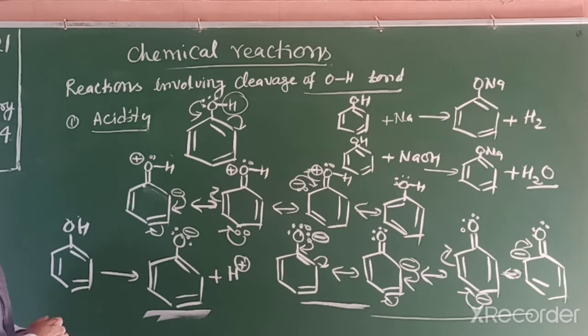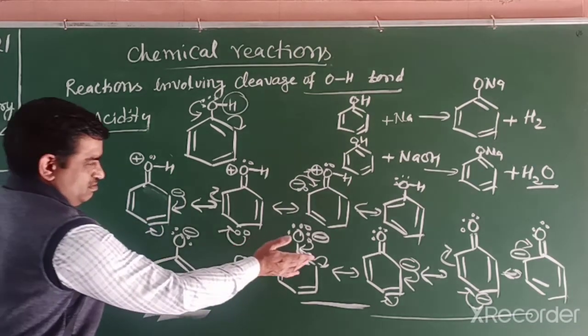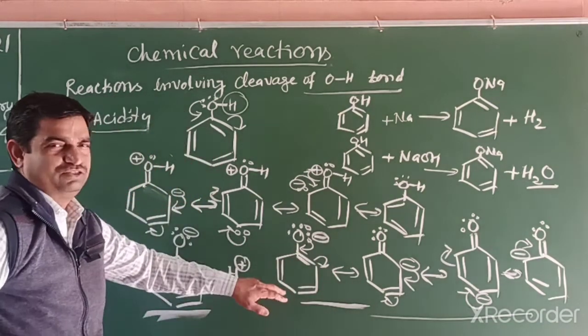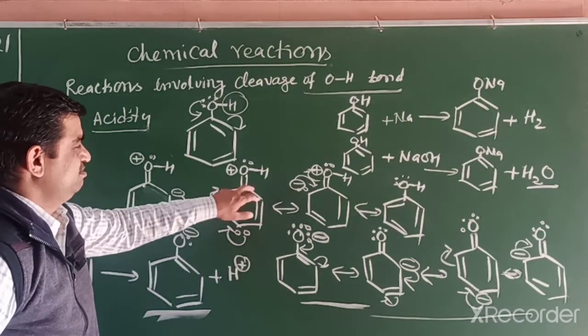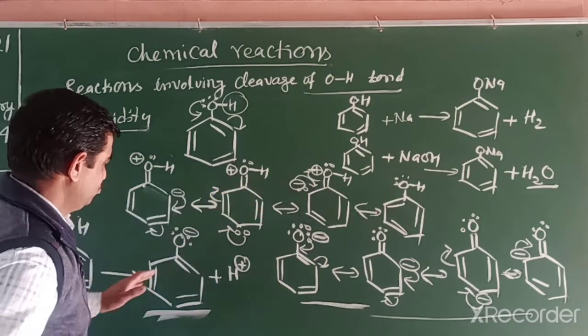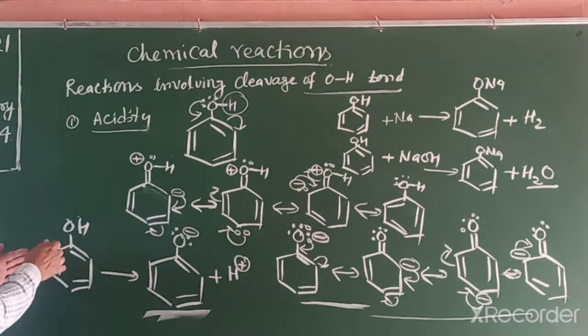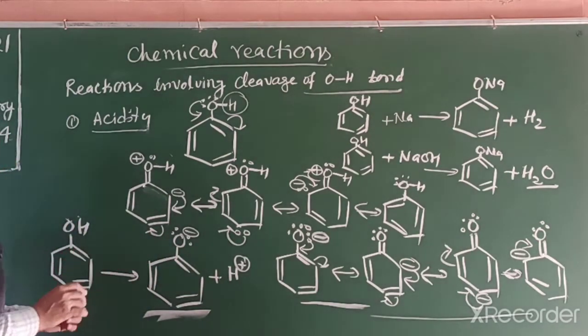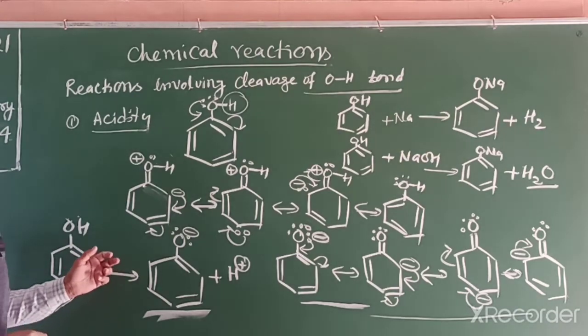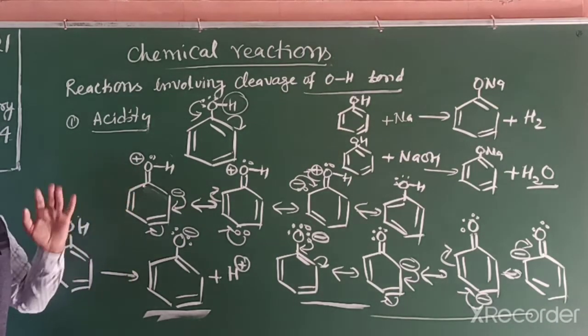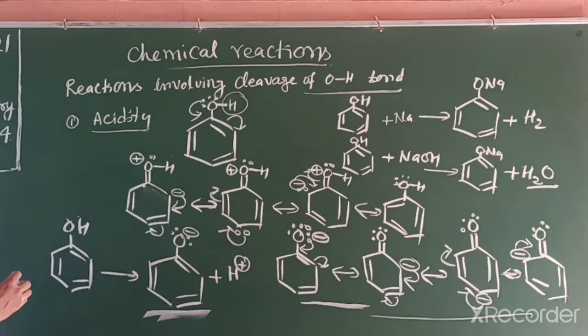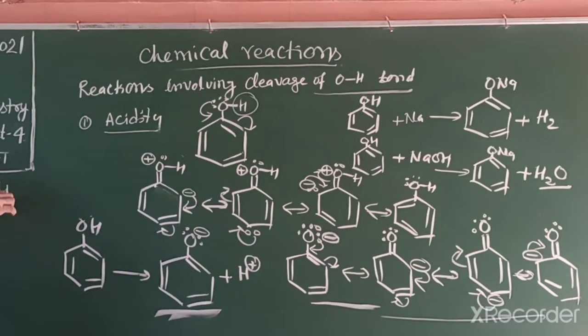So due to this comparison, the phenoxide ion resonance structure is more stable than the phenol structure. So this reaction favors the product side, meaning the phenol oxygen-hydrogen bond easily dissociates. So phenol is a stronger acid than alcohols. If we compare, we can write alcohol like this, ROH.